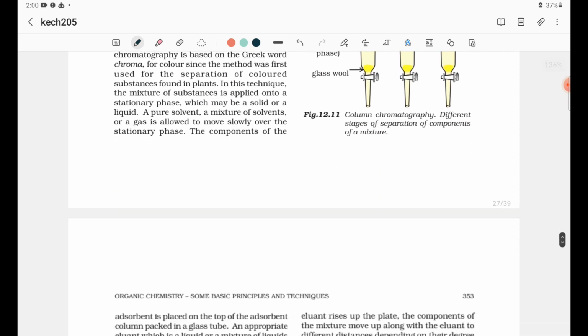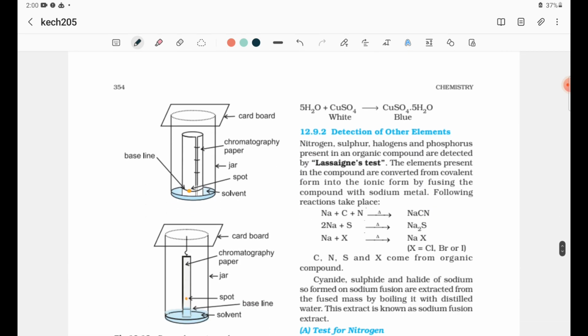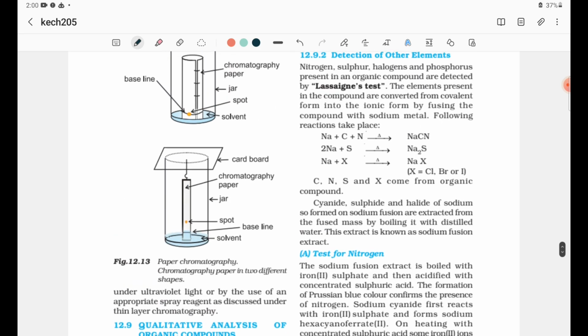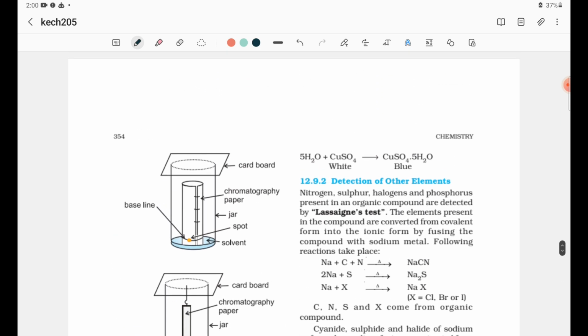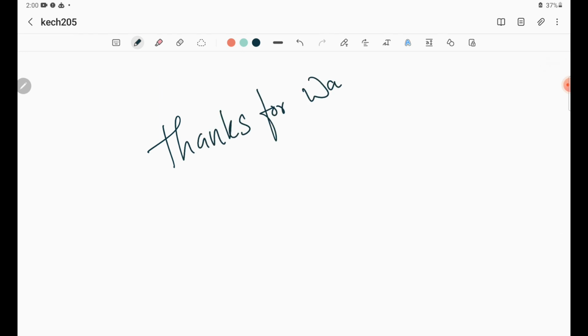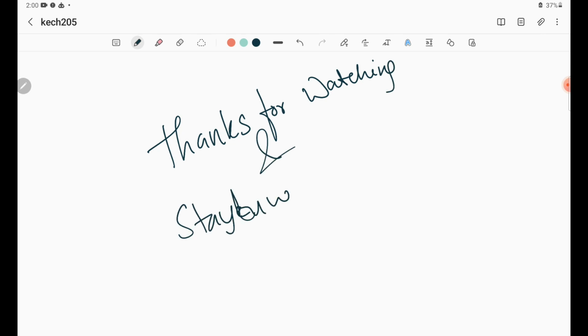There are various types of chromatography, and this is very important. By this we will finish the chapter, the purification of organic compounds. Thanks for watching and stay tuned for the third part.